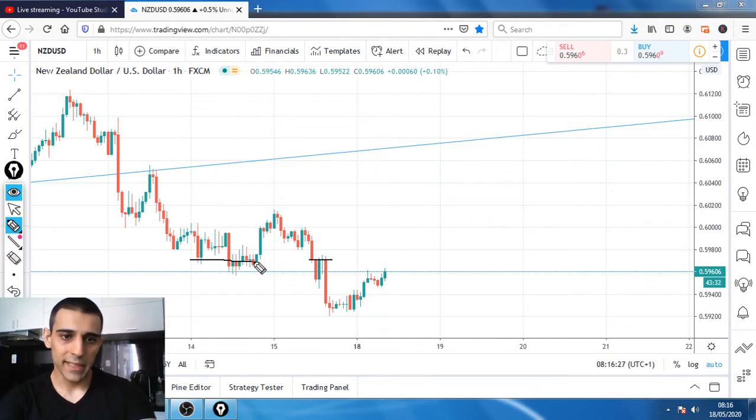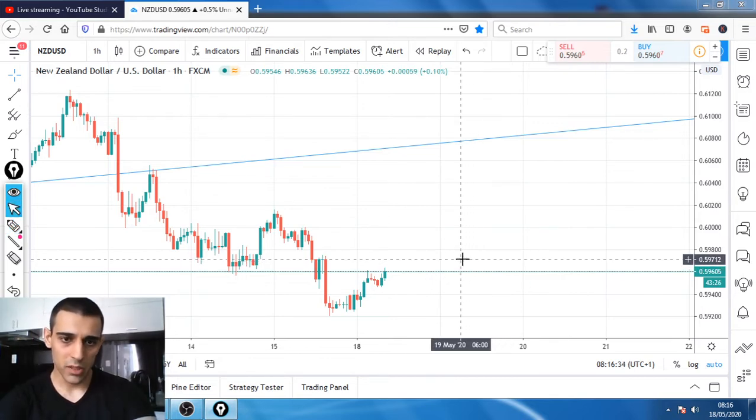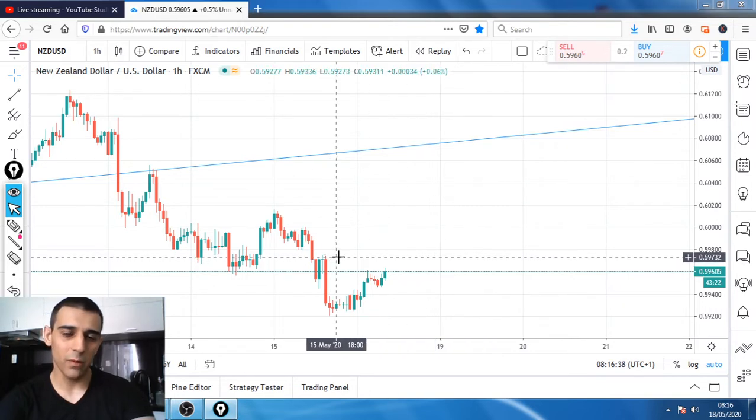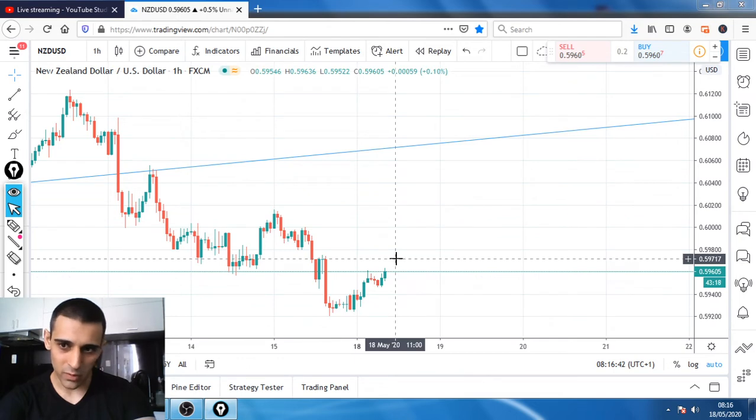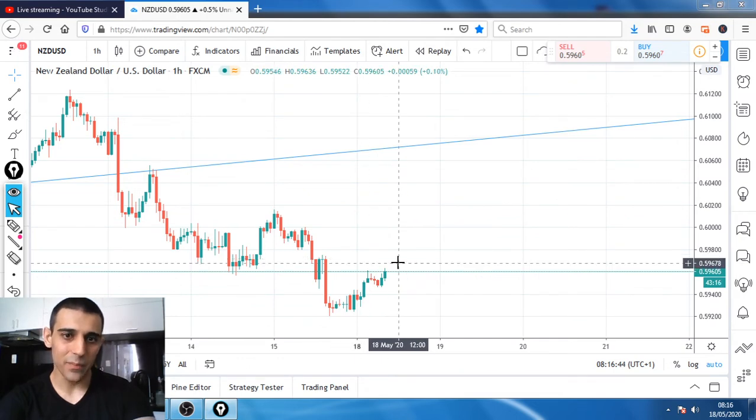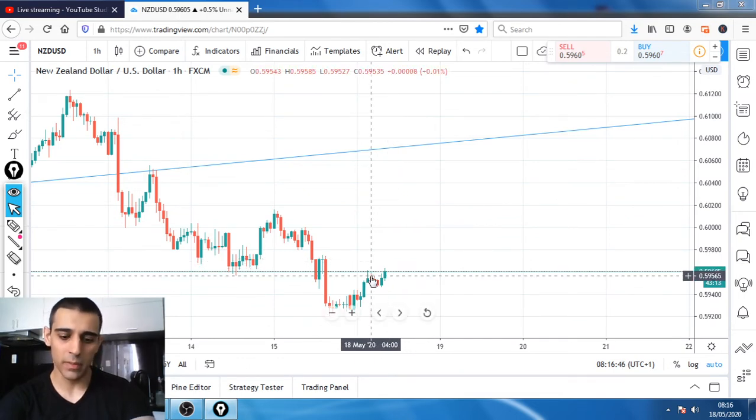We do have a decent resistance level up here, which is about 10 pips away, so it's not that far to take the trade. Roughly the 59.70 zone. It could be a couple more pips up or down, but I would wait for 59.70.